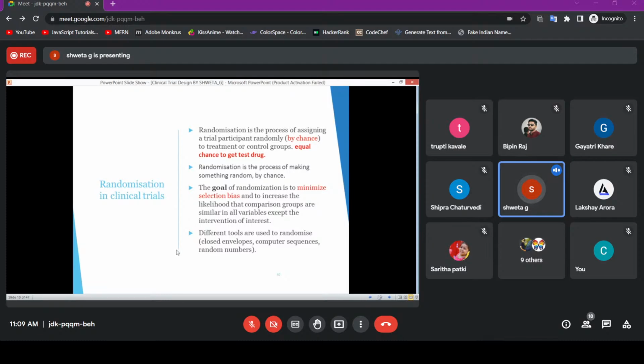There's no bias. In non-randomization the investigator can be biased, thinking this is someone I know, so I can give this patient the test drug and the other the placebo. With randomization, you cannot do this. It's system generated, and there are different techniques for doing the randomization.